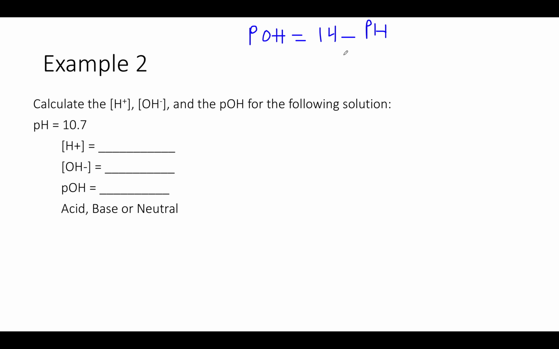So 14 minus the pH, which is given as 10.7, would equal the pOH. So the pOH equals 3.3.